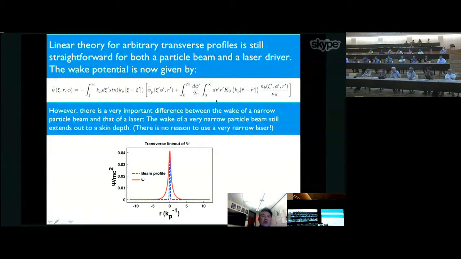Therefore, a narrow particle beam does not make a narrow wake, while a narrow laser pulse would create a narrow wake. So there is no reason to use a very narrow laser. It's also very hard to guide, but it does make sense to use a narrow particle beam for reasons I'll discuss shortly.